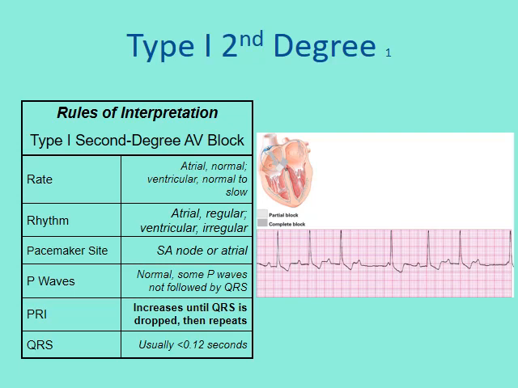P waves are normal, but not every P is followed by a QRS complex. Important there. And then we analyze our PR interval. Our PR interval increases until a QRS complex is dropped.